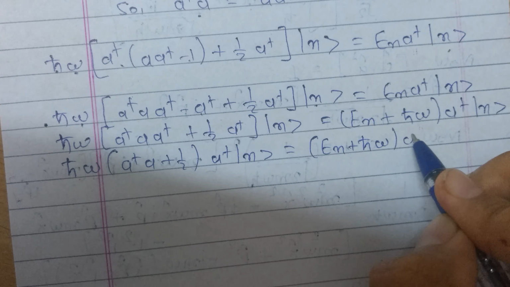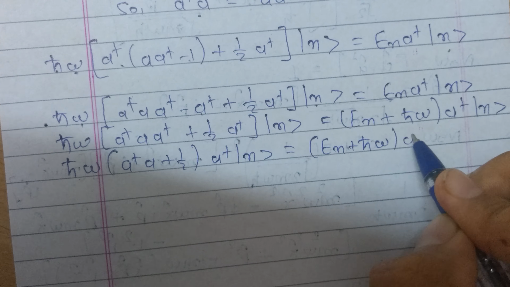And this will be the n plus 1 state. It means the initial energy was En, and after the operator a dagger acted on the state, the energy has increased by an amount of h cross omega.